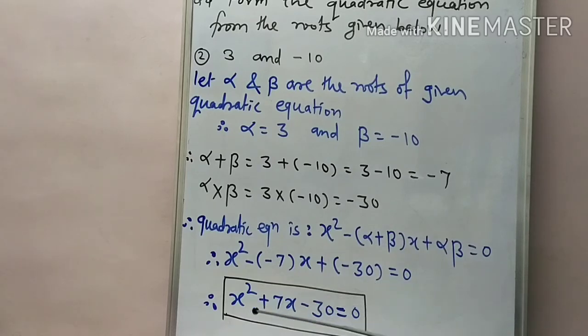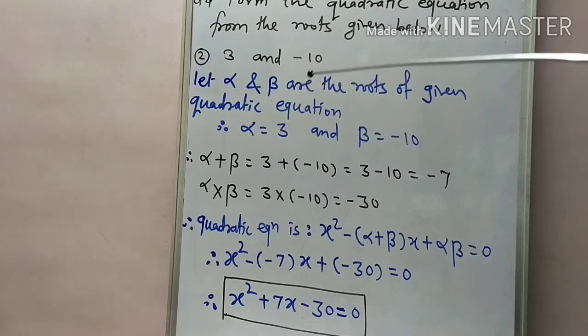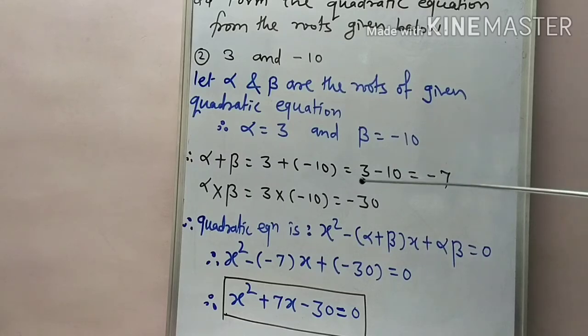As we further simplify it, minus minus is plus, x square plus 7x minus 30 equal to 0 is the quadratic equation whose roots are 3 and minus 10. Getting it, students? So like this we have 2 mark questions in exam.